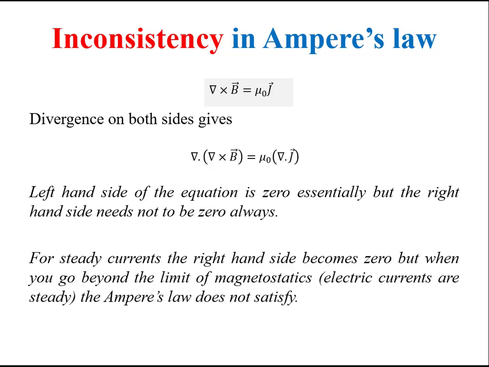But right hand side needs not to be 0 always. The right hand side of this equation is 0 with steady state currents, but it is not the condition always. If the current is varying with space, then this equation does not hold. It is the mathematical inconsistency in Ampere's law.